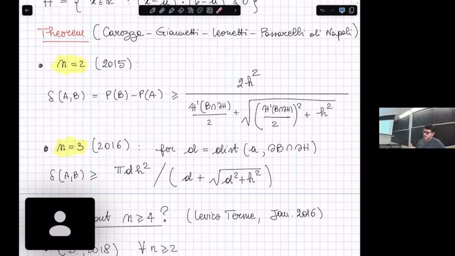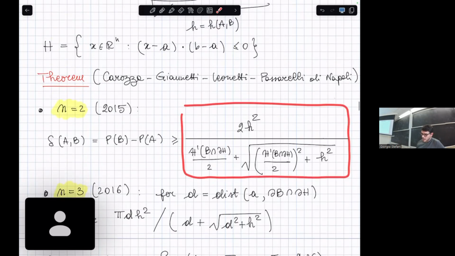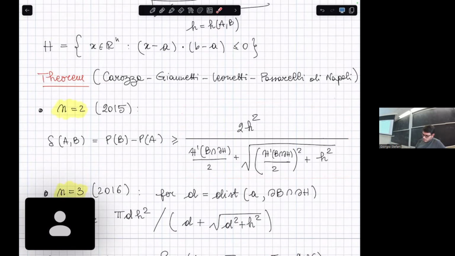This difference can be estimated. It's not just bigger or equal than 0. It's bigger than something that depends on the figure that I've shown you before. You have this fraction here, where H is the Hausdorff distance, and here you put something which is measuring the interfaces between, say, the two sets.